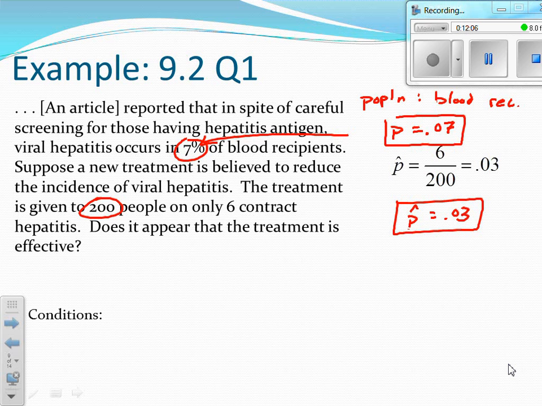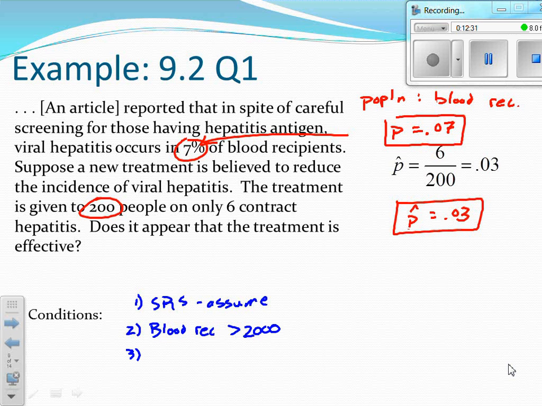So, quick look at conditions. If you look at the conditions, 1, did we come from an SRS? It says a treatment is given to 200 blood recipients. So again, we don't know, so we're going to assume. 2, since our population here is blood recipients, I'm going to guess that there's more than 2,000 people getting blood.